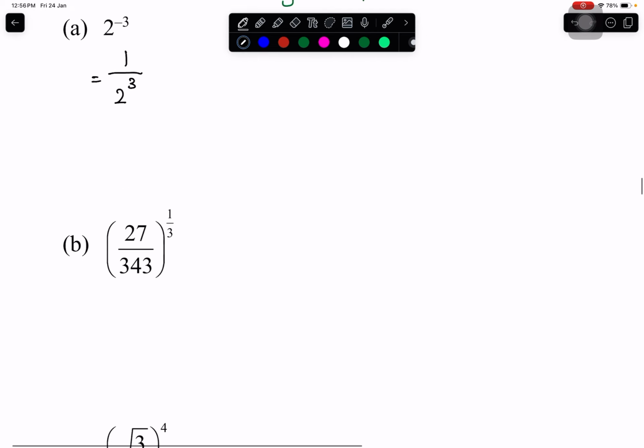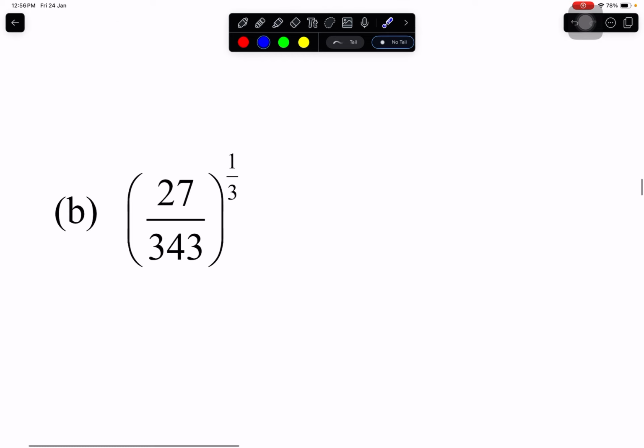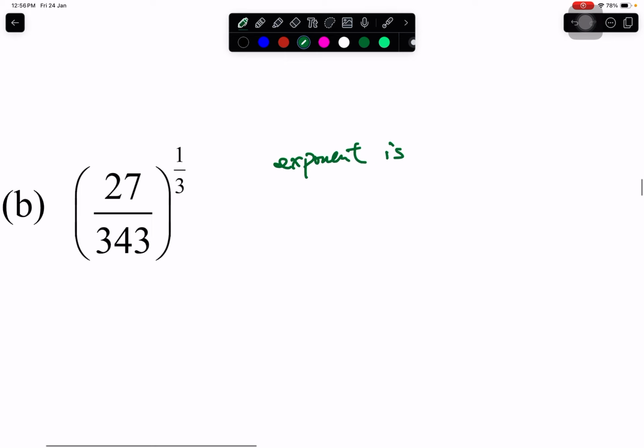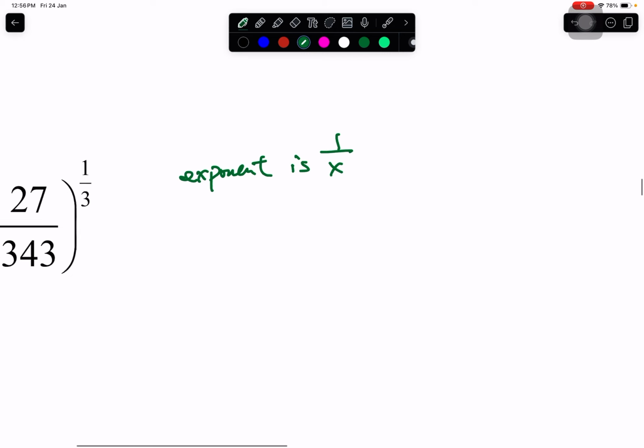Okay. Next. This one, it's 1/3, right? If the exponent is 1 over something, it means you have to take the xth root.